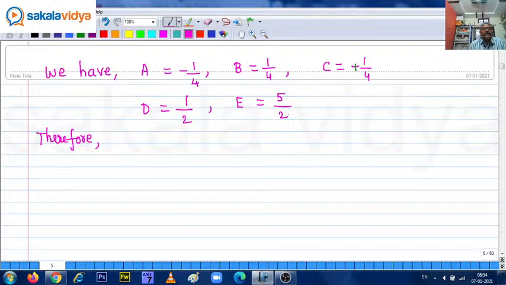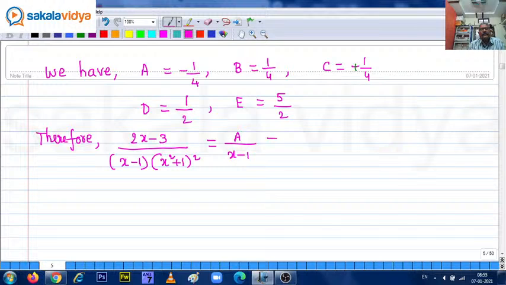So therefore partial fractions: 2x minus 3 upon x minus 1 into x square plus 1 whole square equals A upon x minus 1 plus Bx plus C upon x square plus 1 plus Dx plus E upon x square plus 1 whole square.